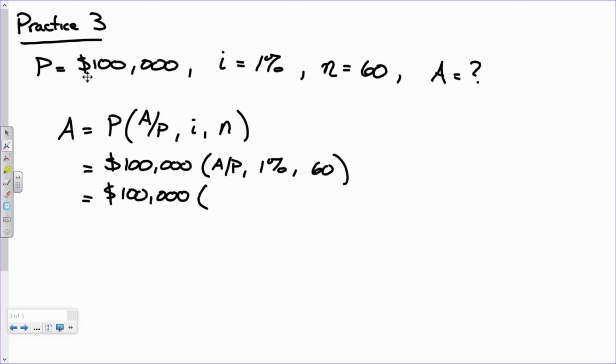And that is, let's see, so 1%, A over P, 60, 0.0222, and that is what? So that's how much your monthly payment would be for 5 years in order to pay off that loan. What do we think?